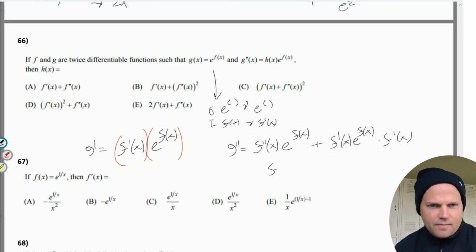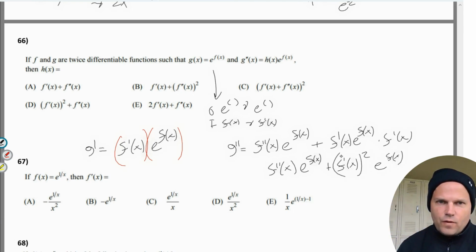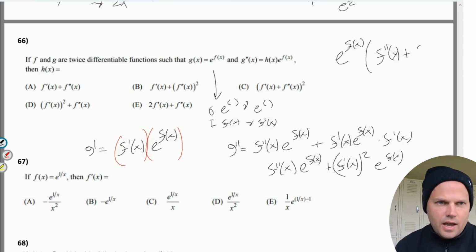So we got this f double prime x, and then we got this f prime squared. And if you factor out the e to the f of x, which we do often with e and its derivatives, we have this f double prime x plus f prime squared.